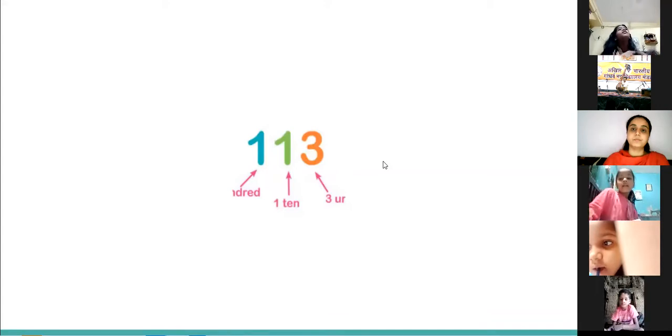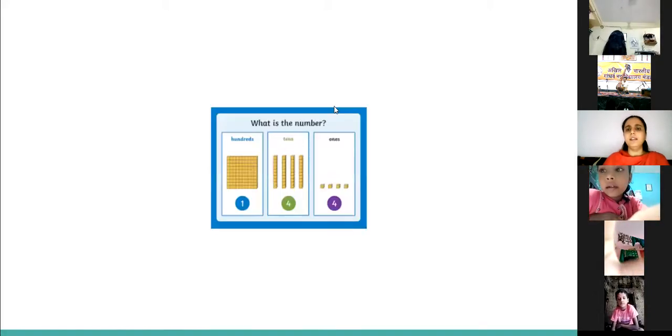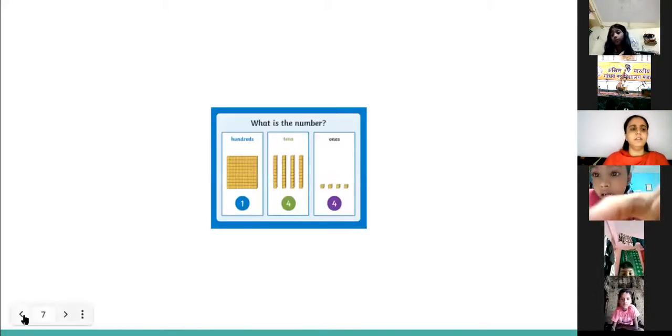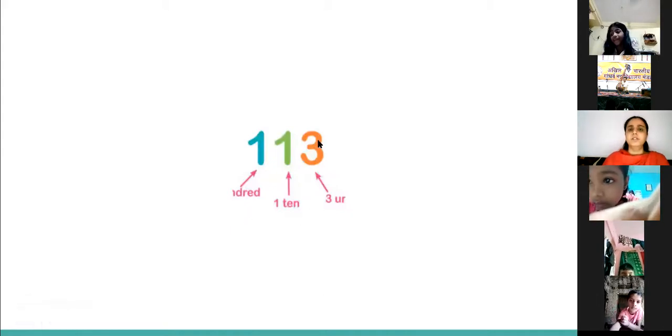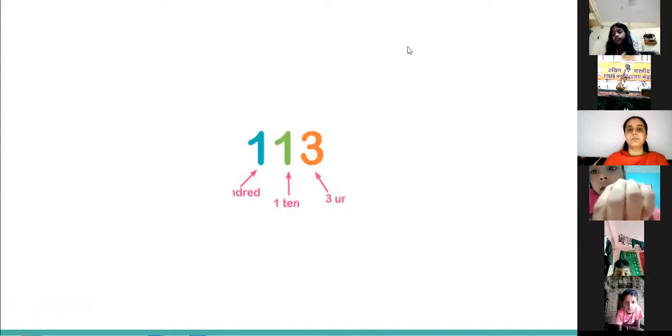311. How is that 311? We start counting from the units place. Let me take my flashlight. Okay, see, on the units place we have 3.